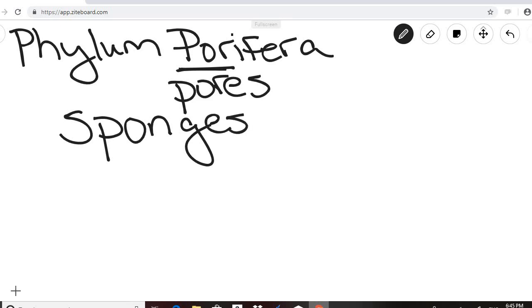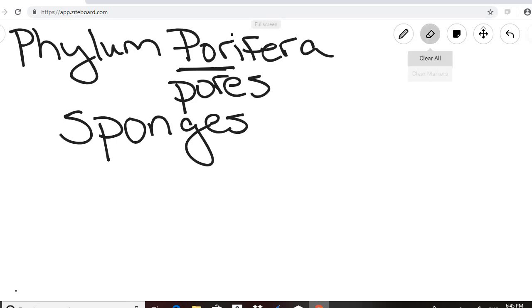Sponges do not move. They are attached to the bottom of the ocean floor, and they have pores that water enters in through, and then plankton is in that water, so they can then consume the plankton that is brought into the sponges through those pores.